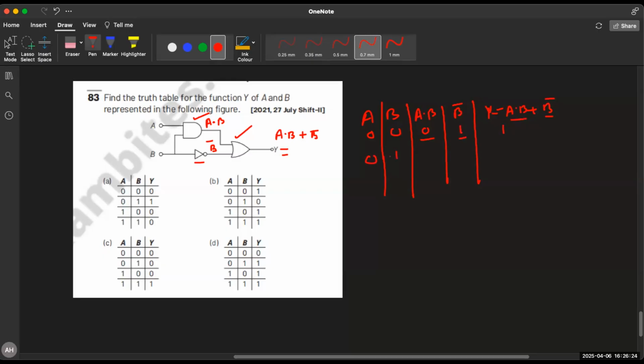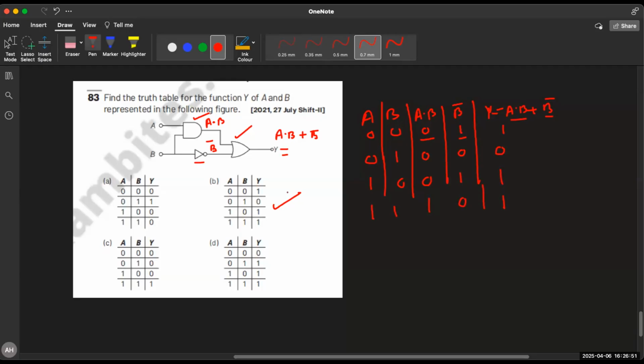Then 0, 1: A dot B is 0, B bar is 0, 0 or 0 is 0. 1, 0: A dot B is 0, B bar is 1, 1. 1, 1: 1 dot 1 is 1, B bar is 0, 1 or 0 is 1. So which is the answer? This one. Yeah?